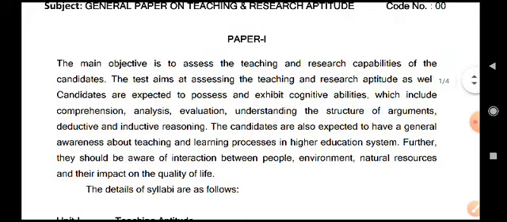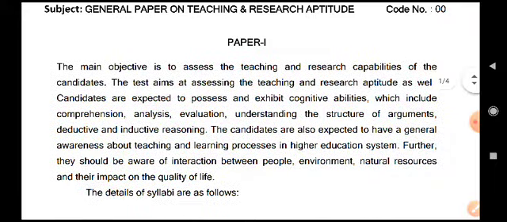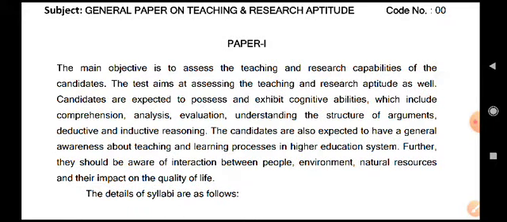Further, the candidates are expected to possess and exhibit cognitive abilities which include comprehension, analysis, evaluation, understanding the structure of arguments, and deductive and inductive reasoning. Apart from teaching and research, there are some other topics which the UGC-NET exam expects a candidate to possess, like the cognitive abilities, which include comprehension, the analysis and evaluation of certain arguments, and also deductive and inductive reasoning.